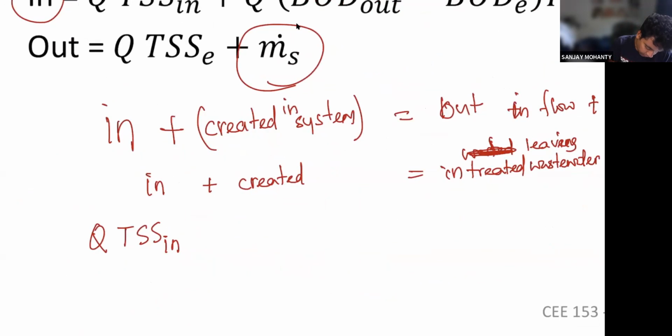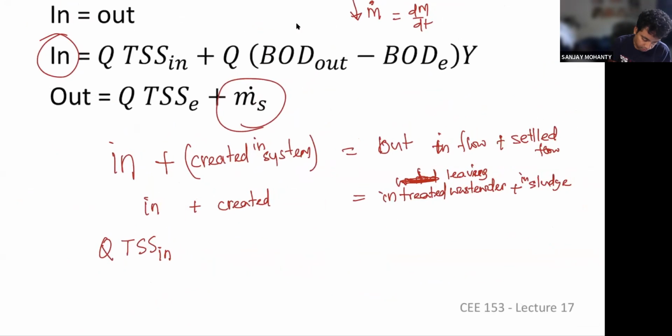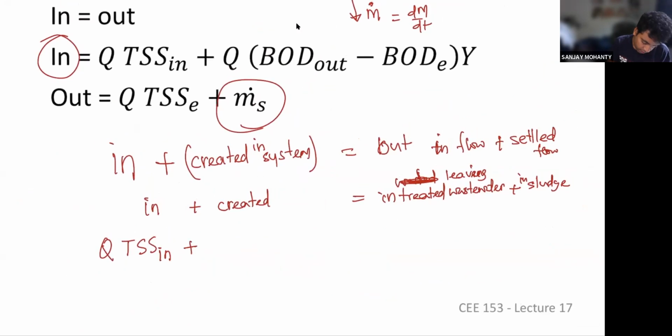TSS in is what's coming in. And then how much TSS, or suspended solid, is created in the aeration tank, because your BOD coming in creates it. So that's the flow rate times the rate at which they are created, which is d TSS by dt.